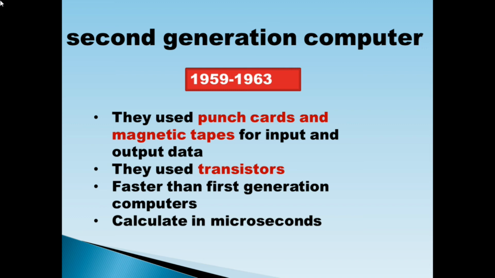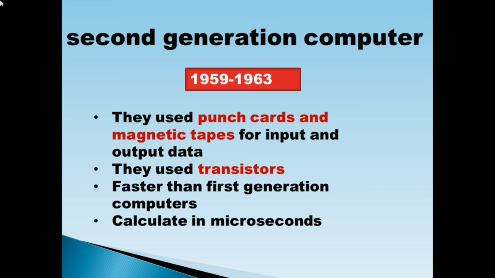The electronic component was transistors. The invention of transistors reduced the size of all electronic devices. All electronic devices became compact, or small, by using transistors.